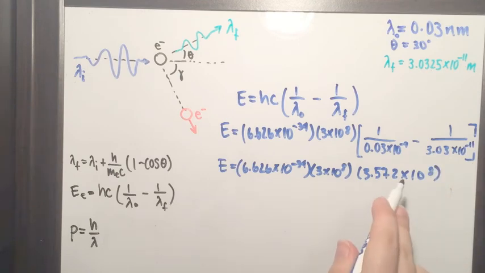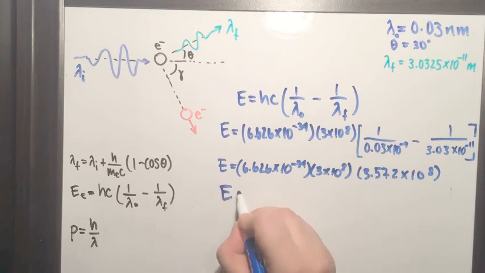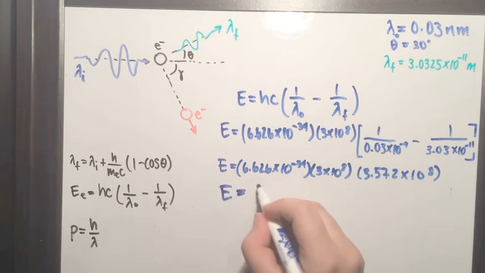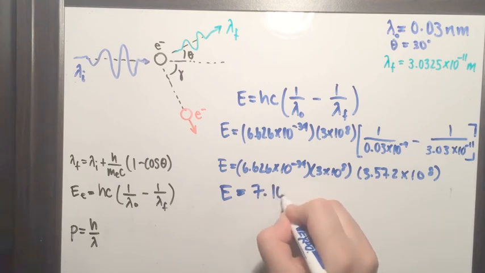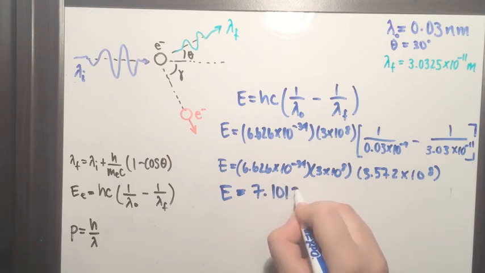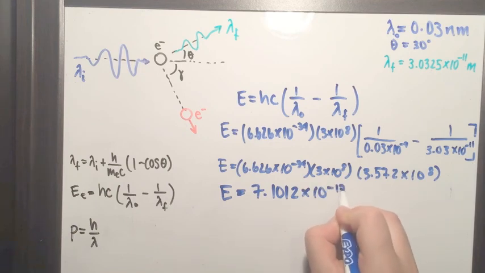Plugging all of this into the calculator, we get that the energy gained by the electron due to the elastic collision is 7.1012 times 10 to the negative 17 joules.